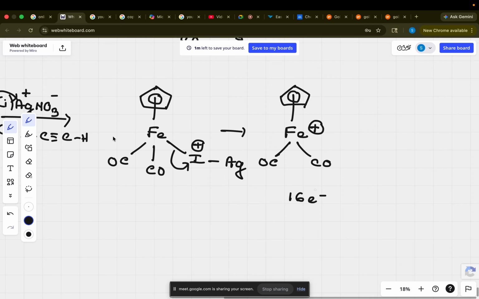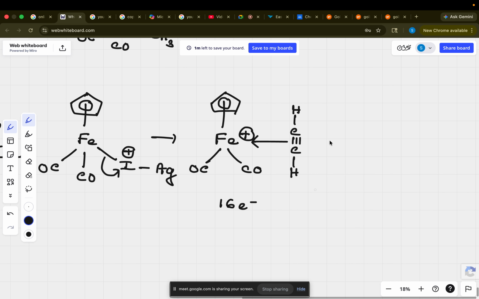And in the second step, what have they given? They have given acetylene. So what will happen? Acetylene will donate electrons through one of its pi bonds. Acetylene is not donating both pi bonds. One pi bond donates two electrons to the metal center.